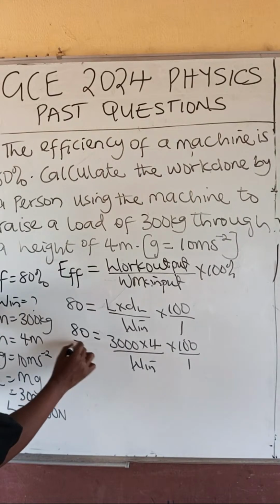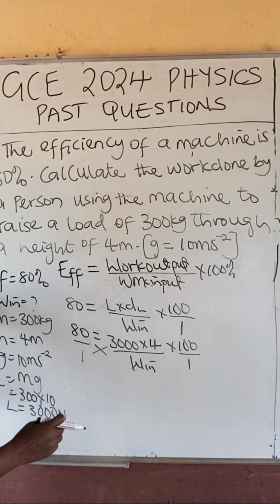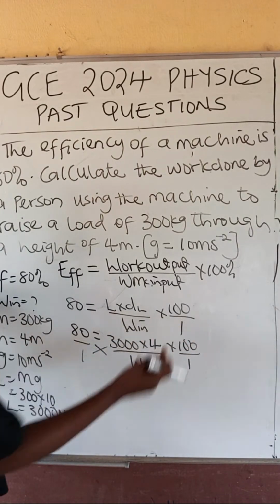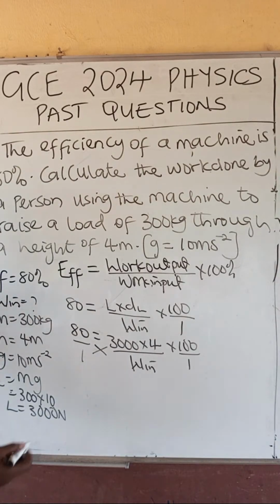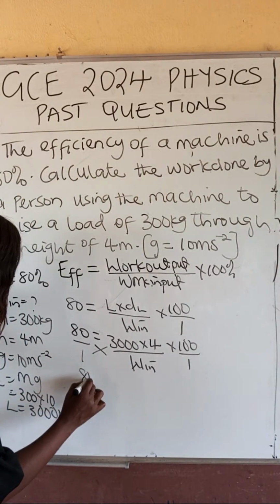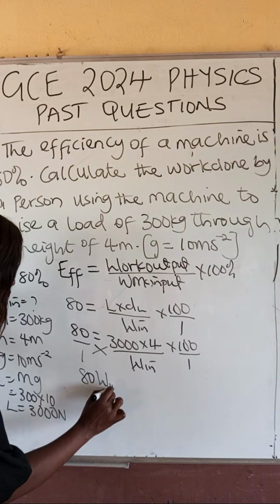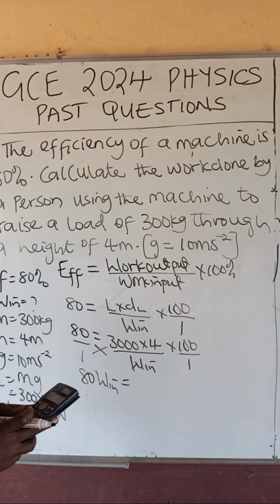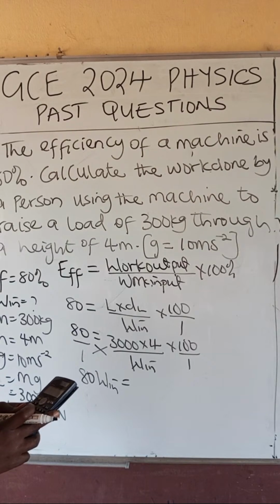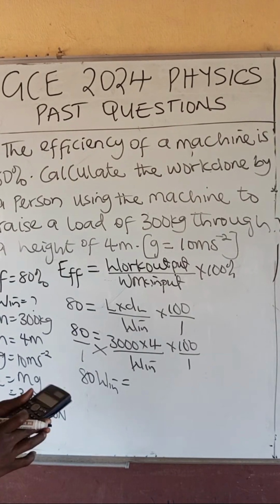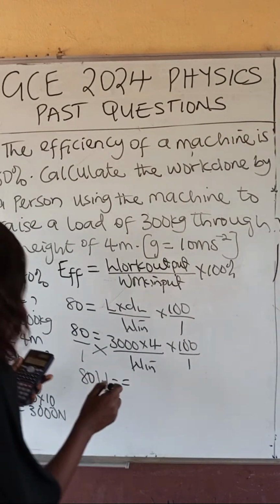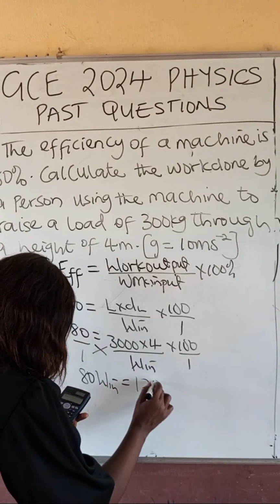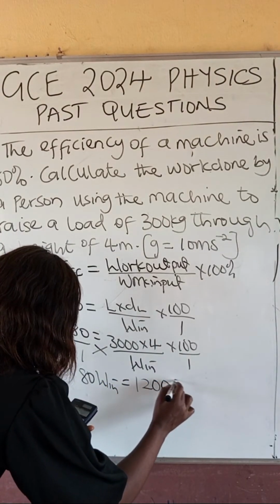Okay, so I can cross multiply and multiply the whole of what we have in the numerator. This is going to give me 80 work input is equal to 3000 times 4 times 100. Now I have 1200000.